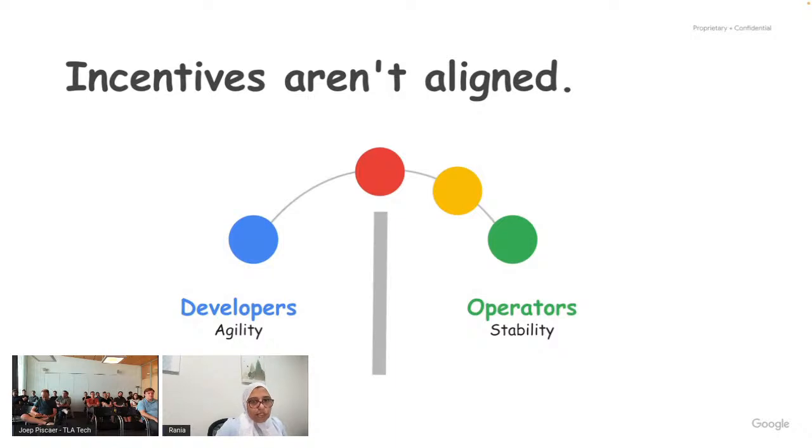We want to bring the two angles together, because they have different concerns and targets. Developers want to be free and agile to innovate, write code, focus on building their services, and even use new frameworks. While the operators want to be stable, have production stable and all the environment stable. So they have different concerns.